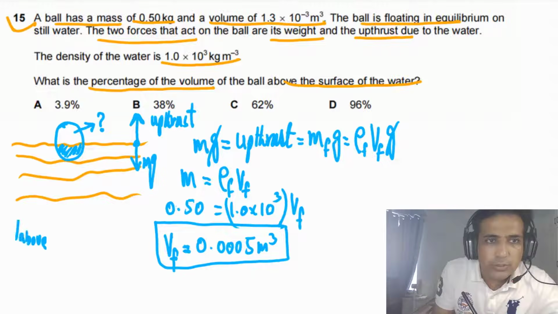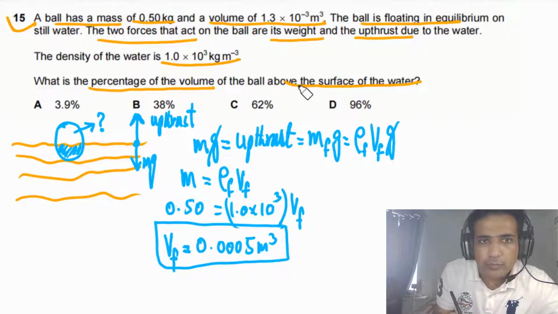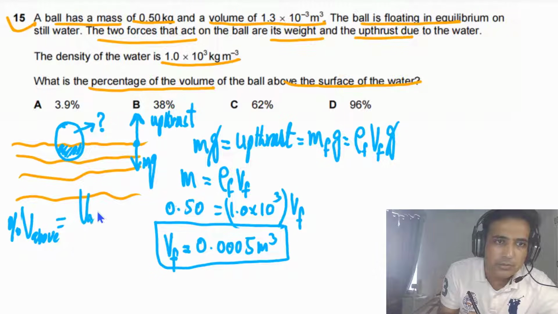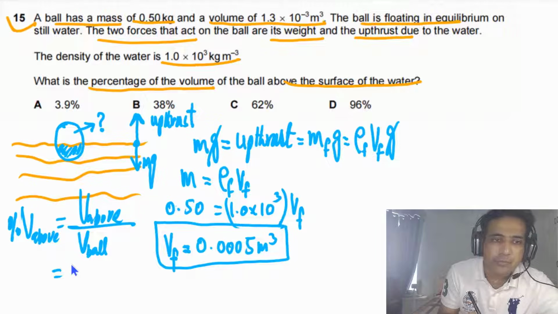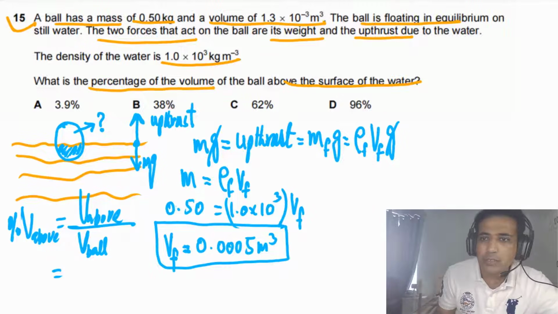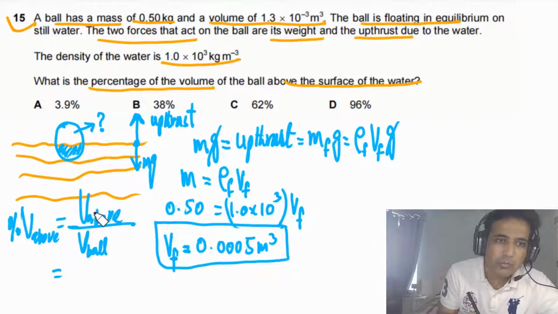So this is the volume of fluid displaced, and we need to find out the volume above the surface of water. We need to calculate the percentage of the volume of the ball above the surface of the water. So the percentage of volume above has to be equal to volume above divided by the total volume of the ball. Volume above, we can simply find out by writing the volume of the ball minus the volume of the fluid displaced.